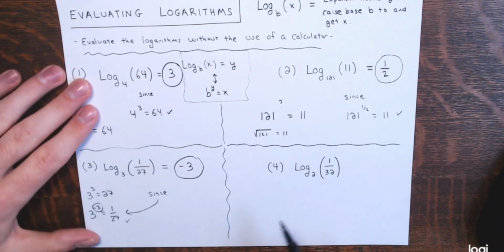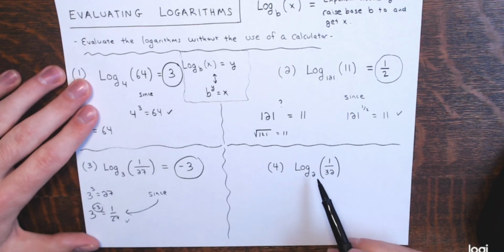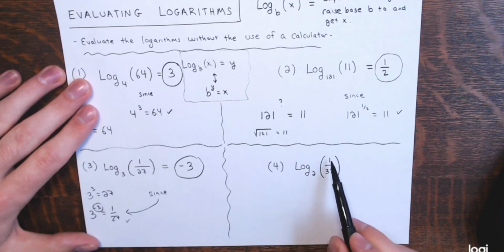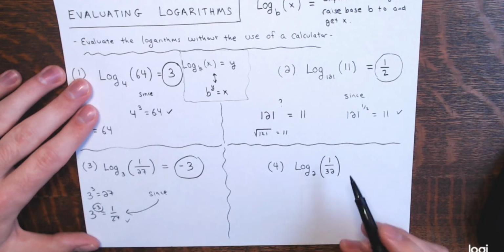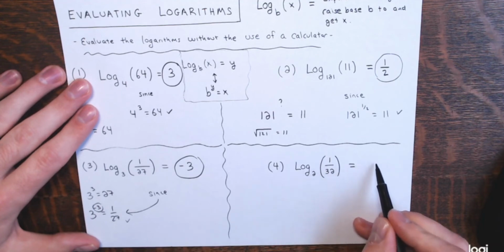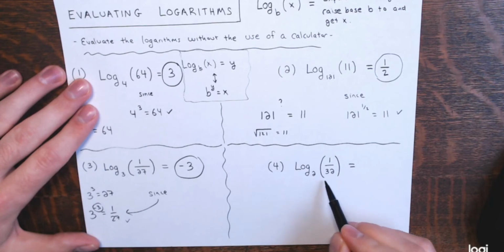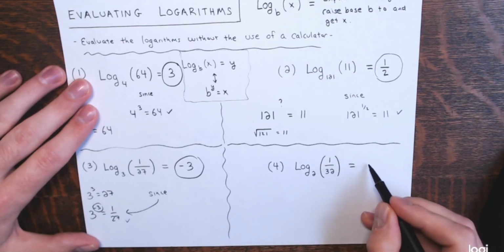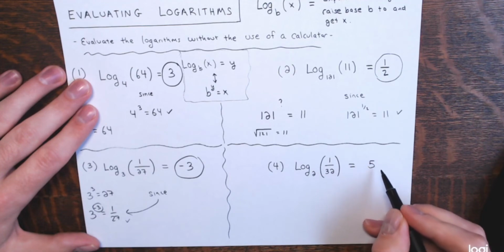And again, you're thinking the same stuff. Logarithm base 2 of 1/32. So 2 to what power? That's what's going to go over here. 2 to what power would be 1/32? Well, 2 to the 5th power is positive 32.